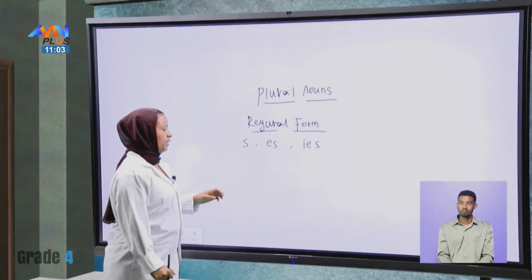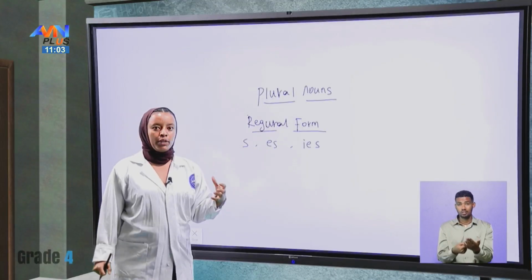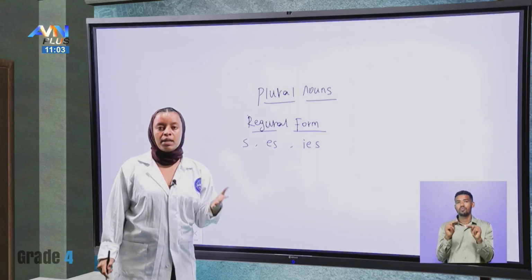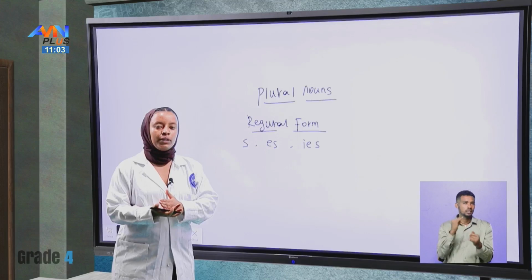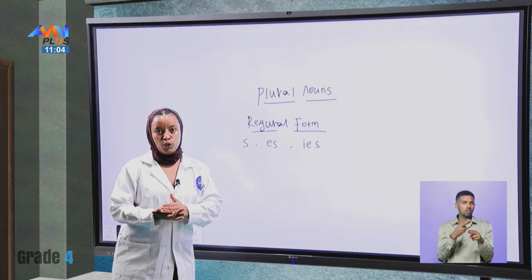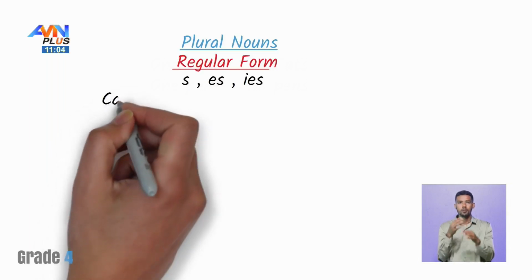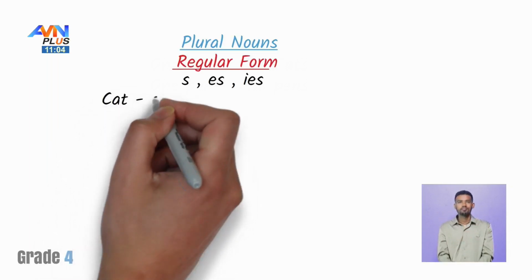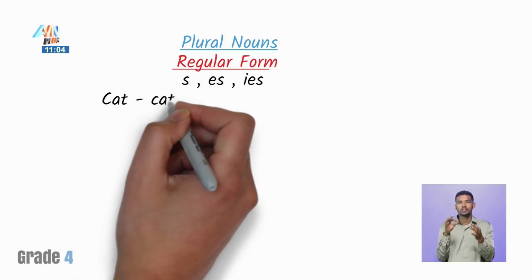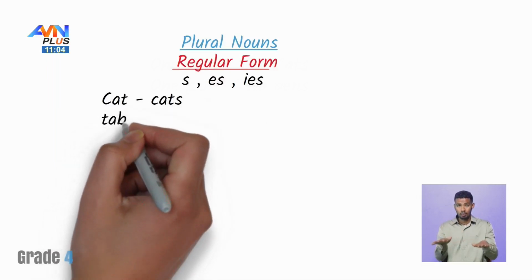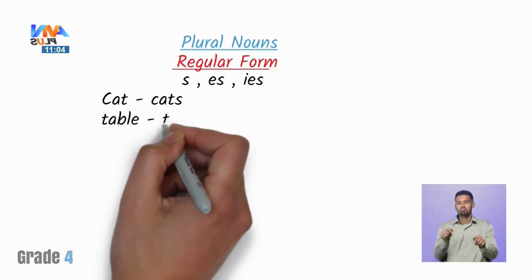When we come to s, this is the form we usually use for regular nouns. Add s at the end of the noun, like the example before, cat, cats, table, tables.